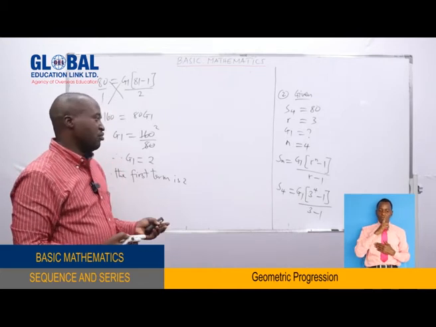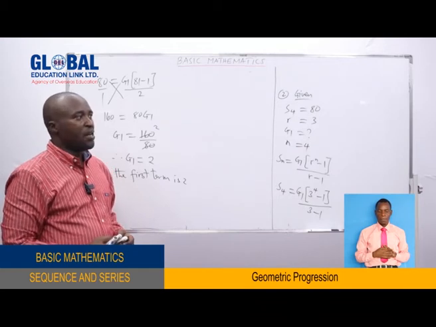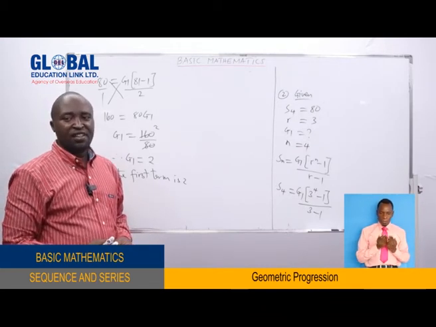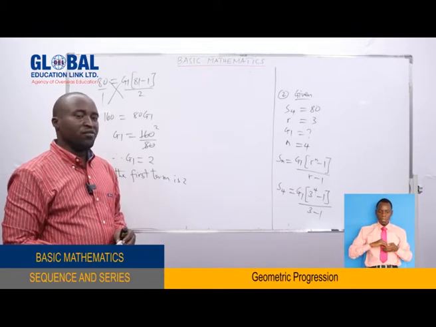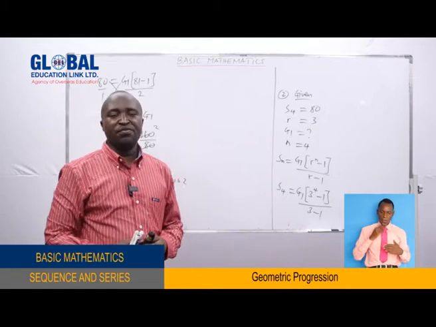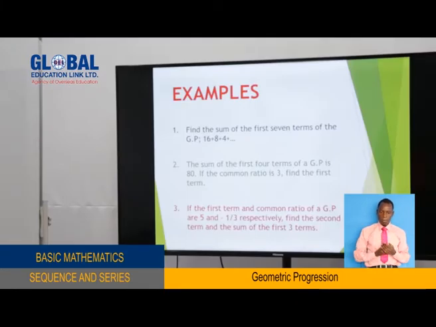So again, students, I'm sure you are enjoying this lesson of sequence and series. Then let us see the last example that needs to use the formula for finding the sum of n terms of the geometric progression. So we have the third example, 33.